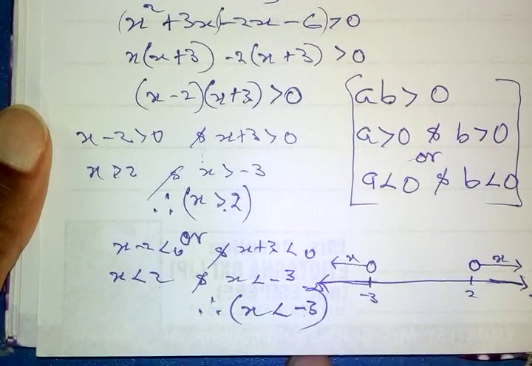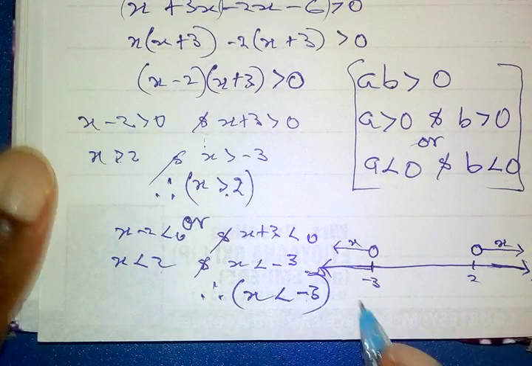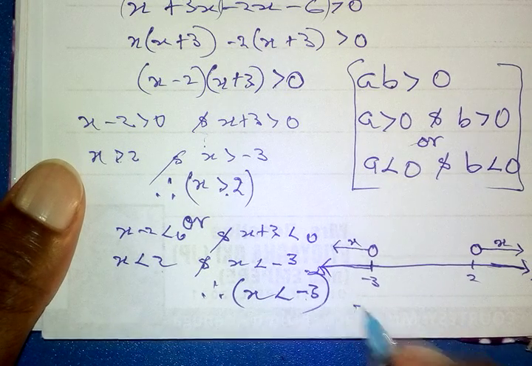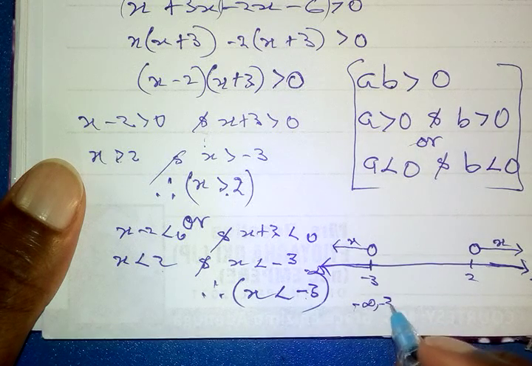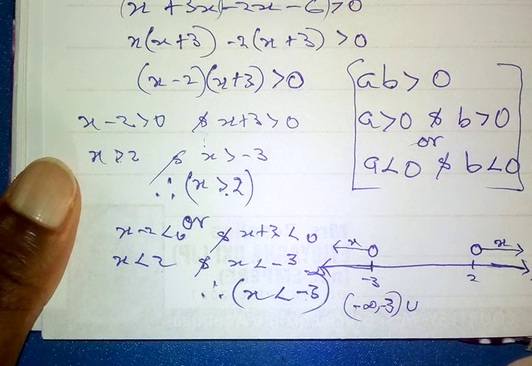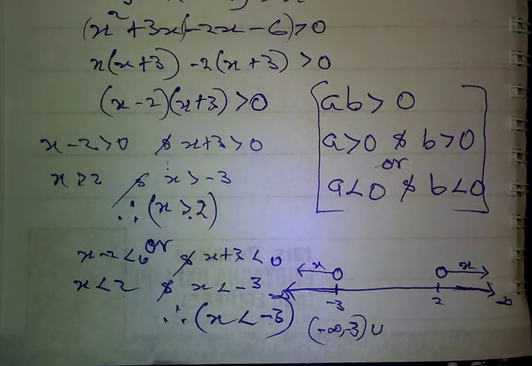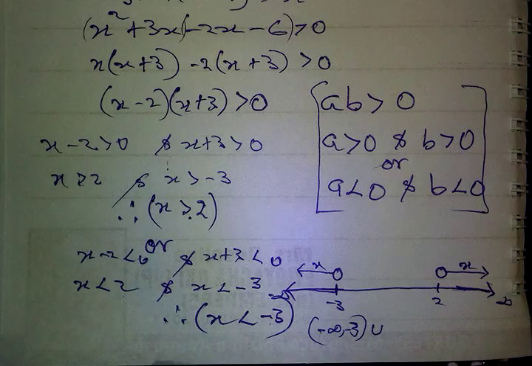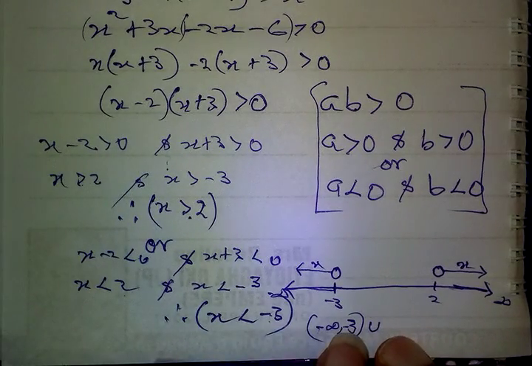And what will be the interval notation in this case? For this one, it's going to be negative infinity, the lowest, to negative 3, union. Remember, we made mention of union in our last video. Union is used to represent the joining of two sets of values of x.